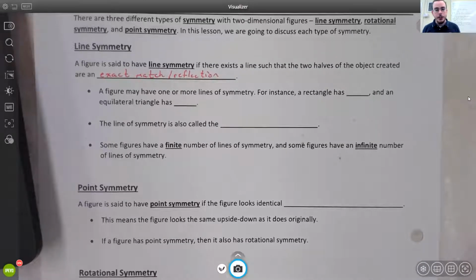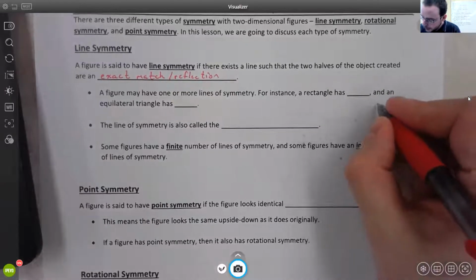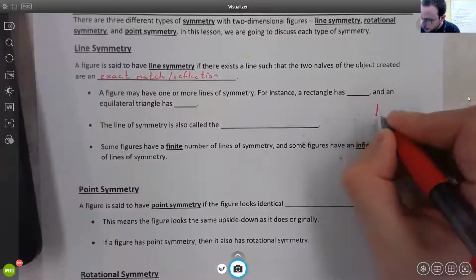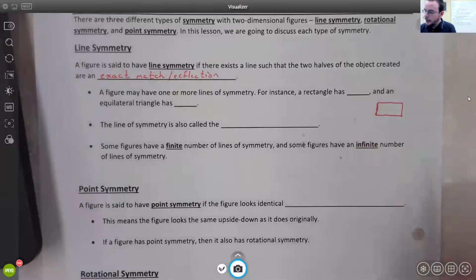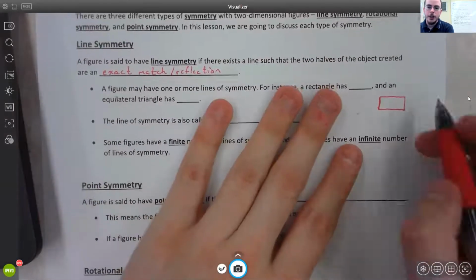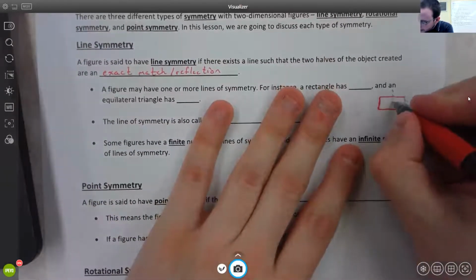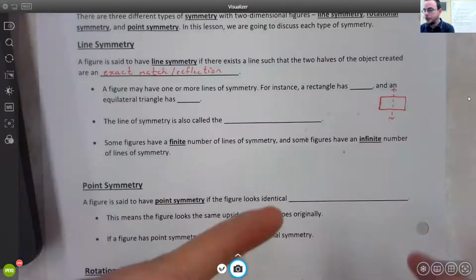So for instance, take a rectangle. So any type of rectangle, say this piece of paper, but I'm going to draw a rectangle just to show you. If you take this rectangle and you fold it in half, say you fold it in half like this, would that be a line of symmetry? And the answer is yes.